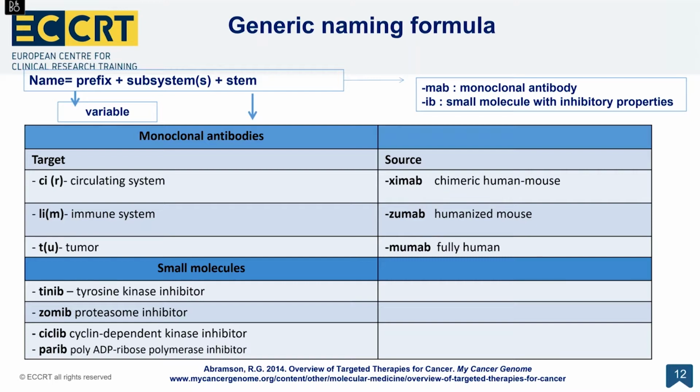And if you take a look on the right side of this slide, you can see MAB and IB. Sometimes we can treat our patients with monoclonal antibodies. These are really specific drugs, antibodies that will target a specific pathway. And when you see a drug ending on a MAB, you will know, and you can write this down, that most of the time you will be talking about a drug that will be administered intravenously.